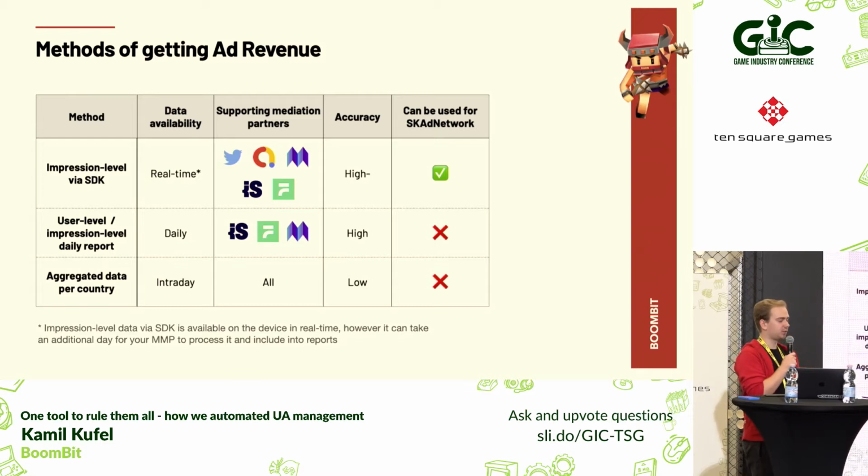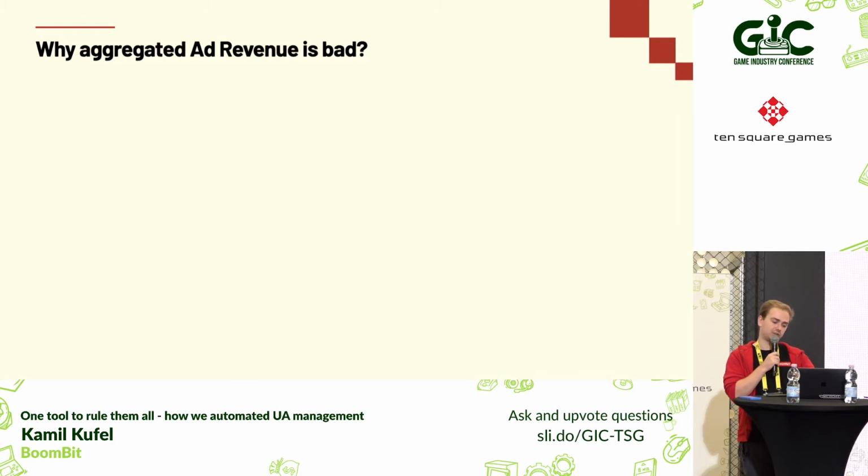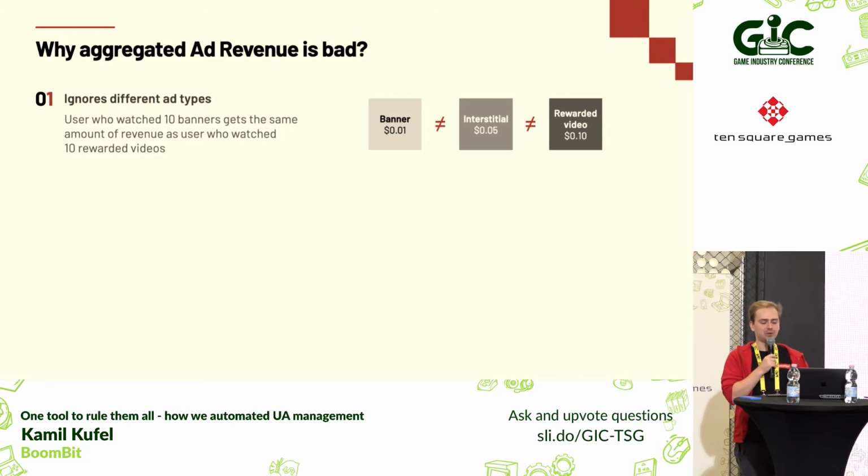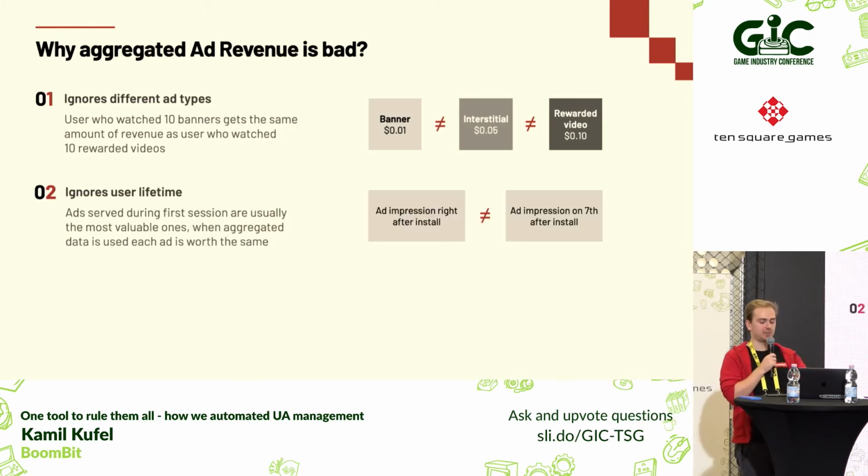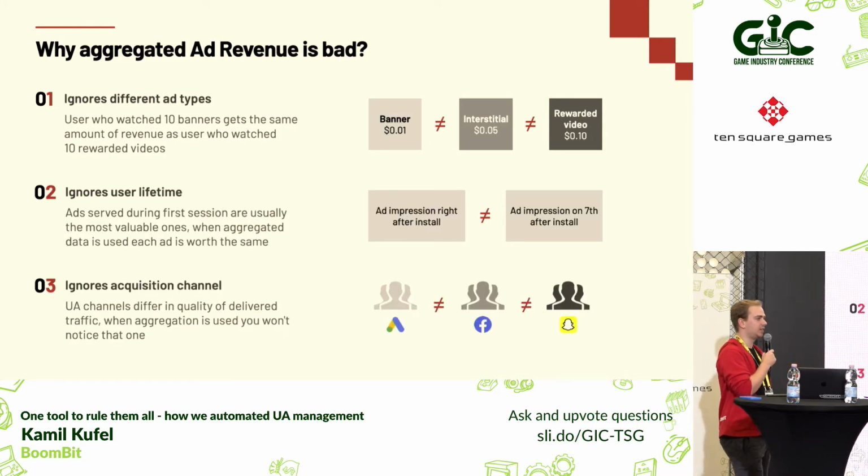And there is also a third option called aggregated data, but fortunately, this is used by only a few developers, and it is super bad because it makes a lot of assumptions. For instance, when you are pulling the revenue for a specific country, for a specific game, you assume that the value of the banner or the rewarded video is the same, which is super bad.